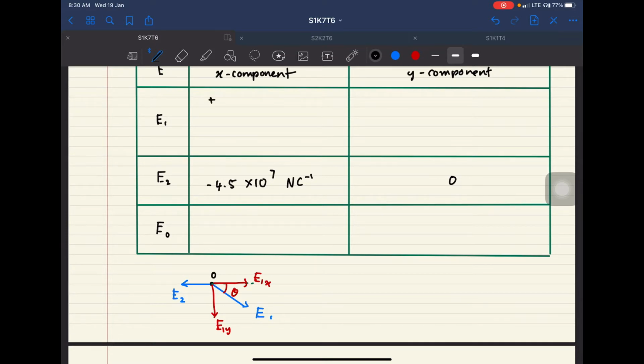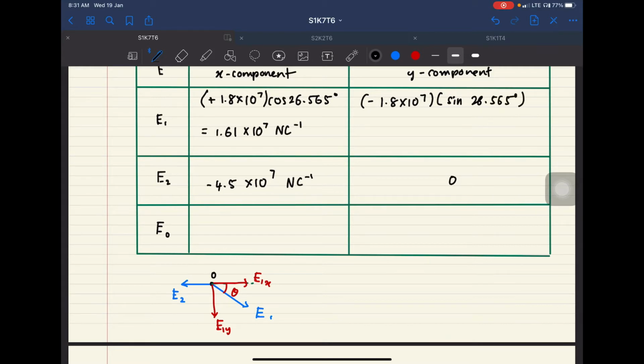E1 is 1.8 times 10 to the power of 7, and then the angle just now is 26.565 degrees. And this one, because this is downward, you have to put negative: negative 1.8 times 10 to the power of 7, then multiply with the sine of 26.565. Don't forget the negative.